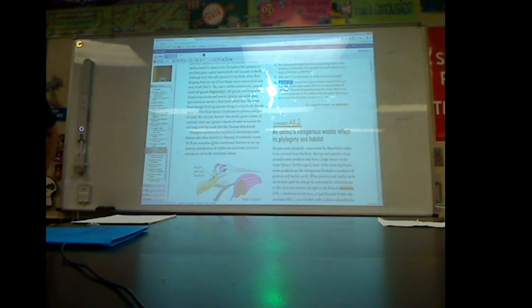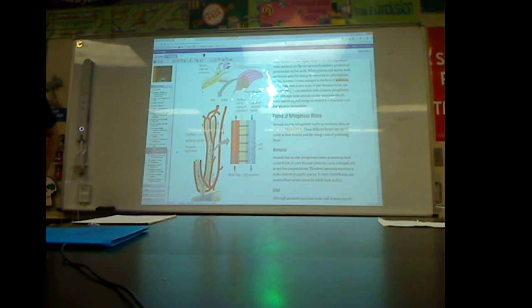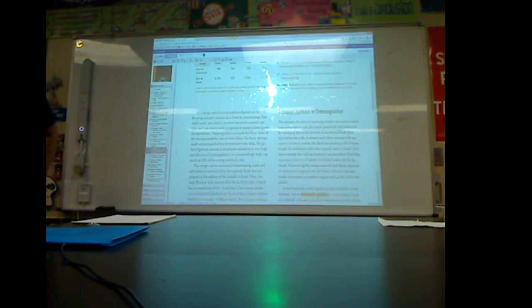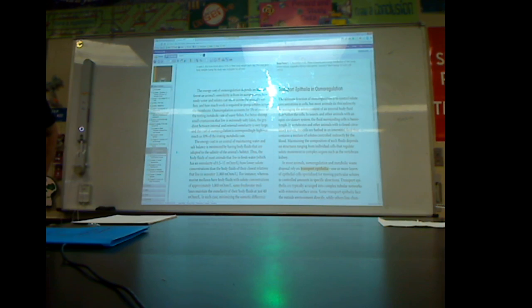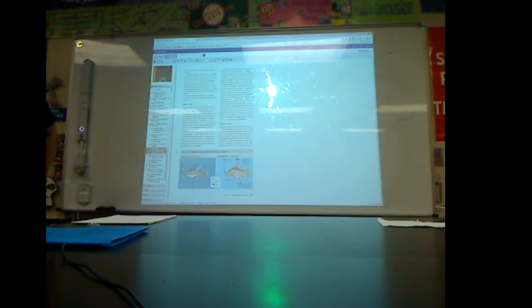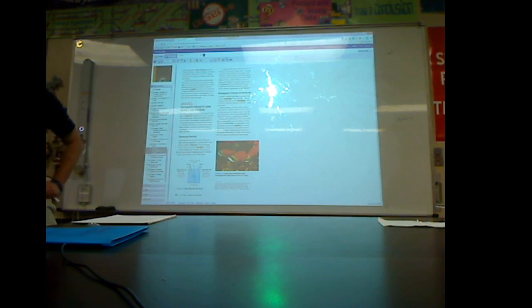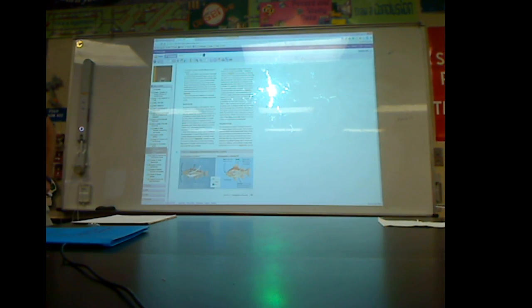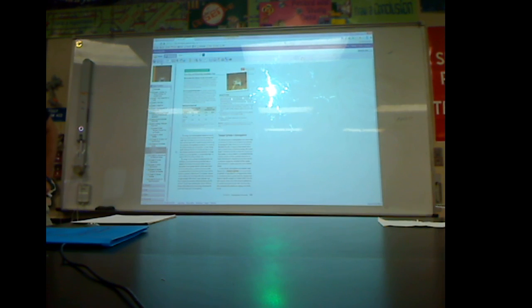In fish, a lot of the excretion happens across the gills. So they repurpose the gills for actual excretion. In large, simple worms, it's just by diffusion across their skin.